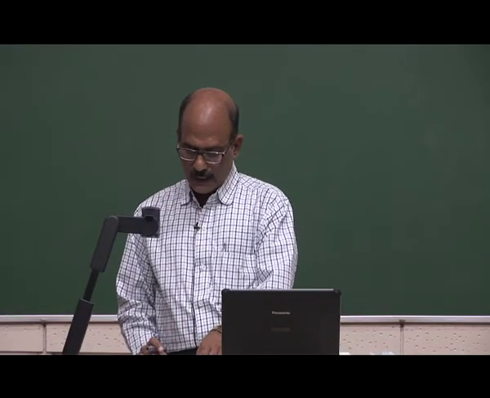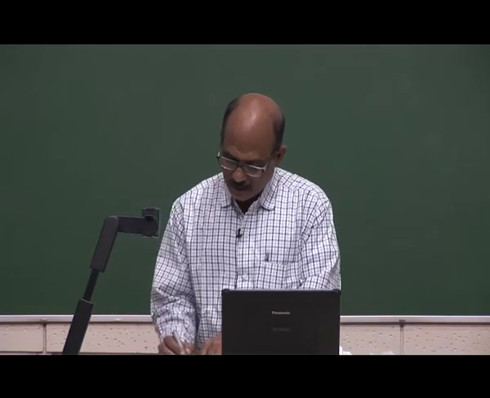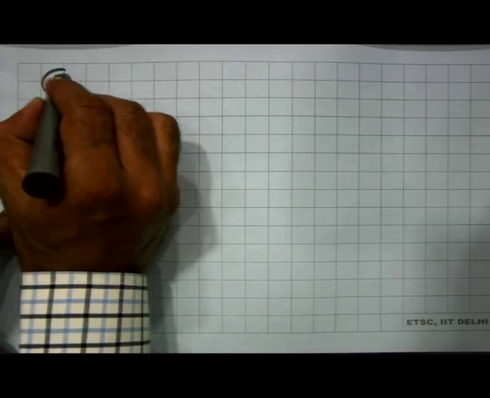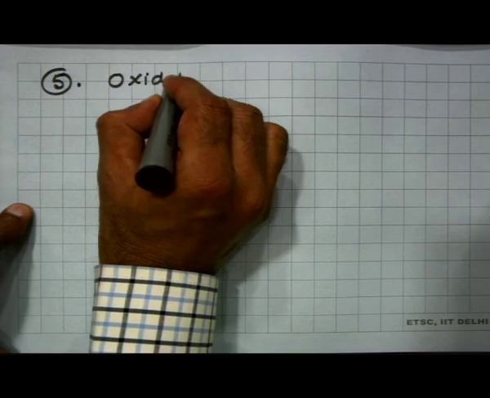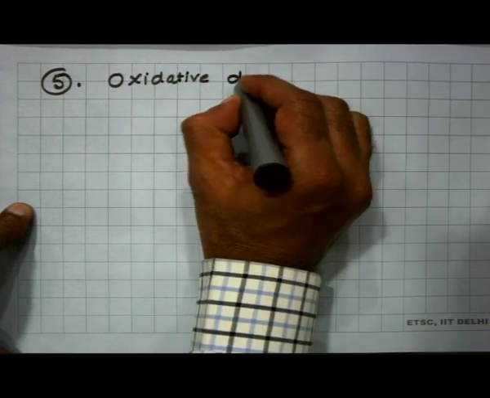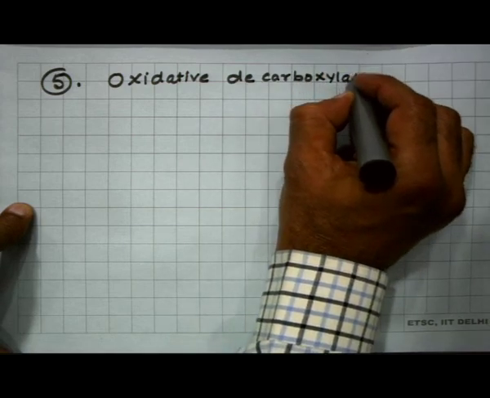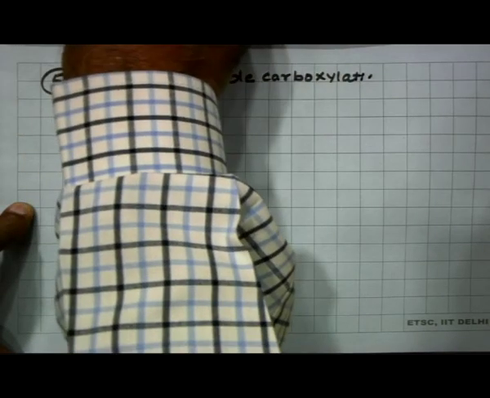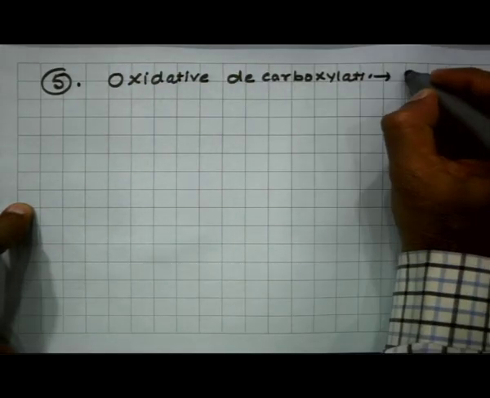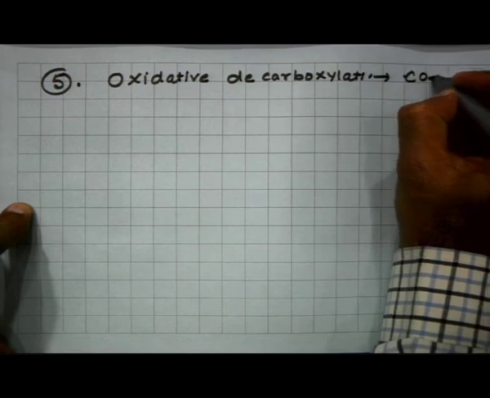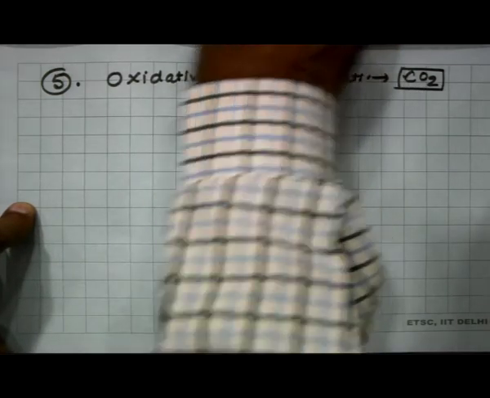So, in 9 steps, these are the 4 steps, and the 5th step is oxidative decarboxylation. In oxidative decarboxylation, as the term indicates, there is removal of carbon dioxide and oxidation takes place.